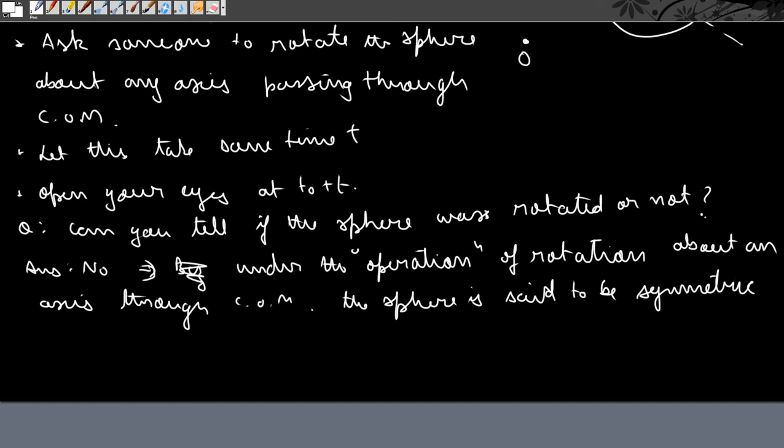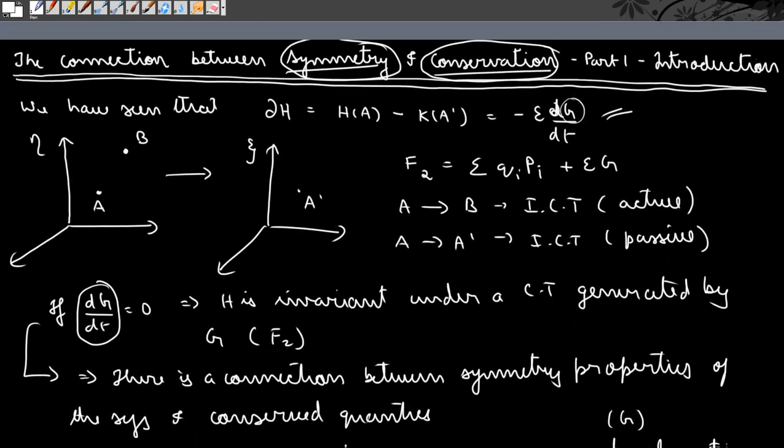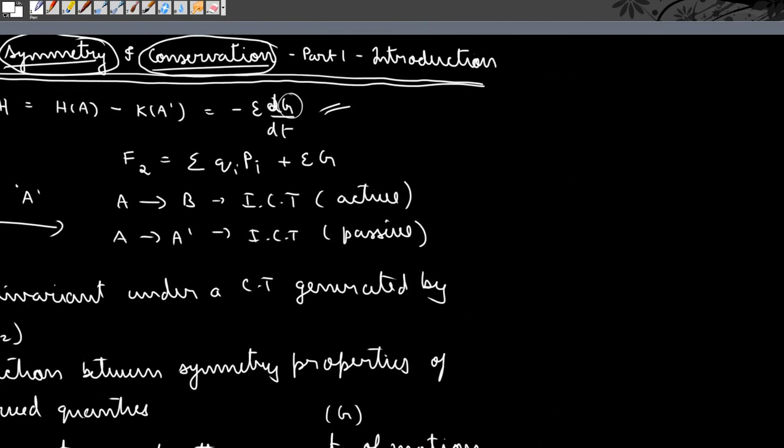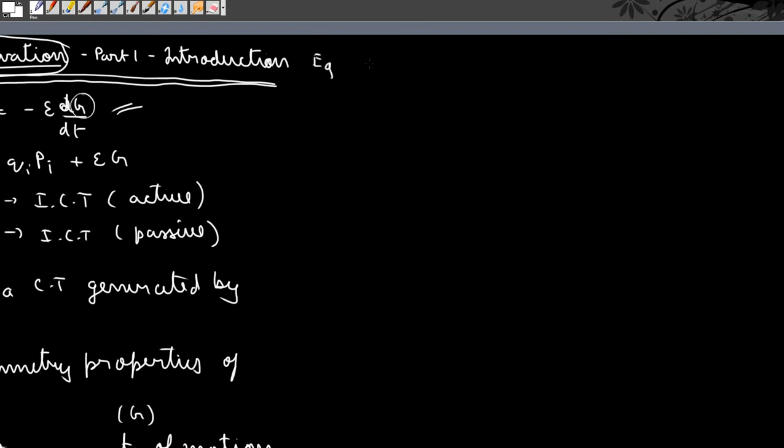Okay, so let us consider another such example, and let us consider a cylinder in this case. If you take a cylinder which looks something like this, we see that the cylinder remains the same only if we rotate it about an axis passing through the center which looks like this.